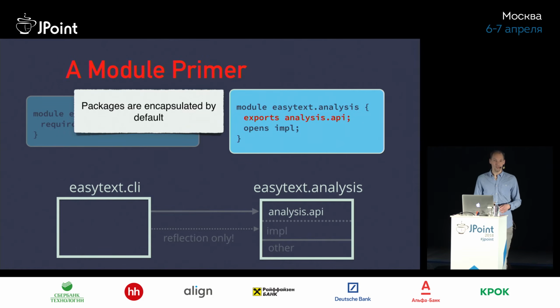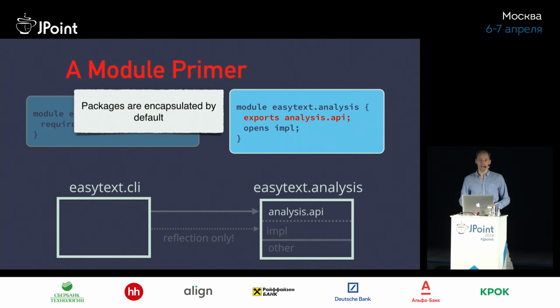And encapsulated means it's just internal implementation details for your module. So no other module will be able to reach it, not even through reflection or any other hacks. It will be truly encapsulated. And this is a mechanism that is used inside of the JDK a lot, for example, to encapsulate these internal implementation packages and classes of the JDK, so they won't be abused anymore as they have been in the past decades of Java.